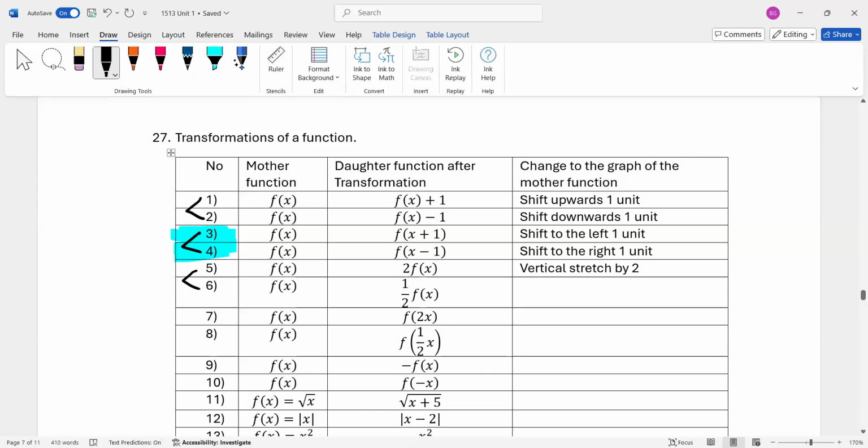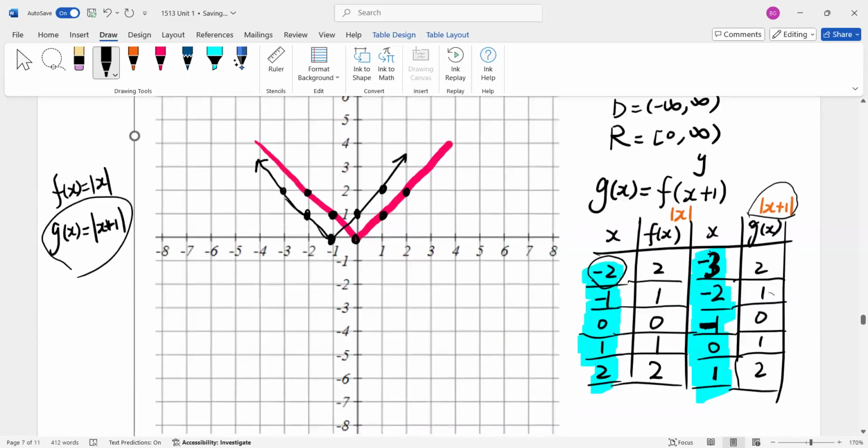So in this case, we vertically compress the graph by a factor of 1/2. All the y values become half size of the original. Let's see if I can explain that. So let's try this graph.